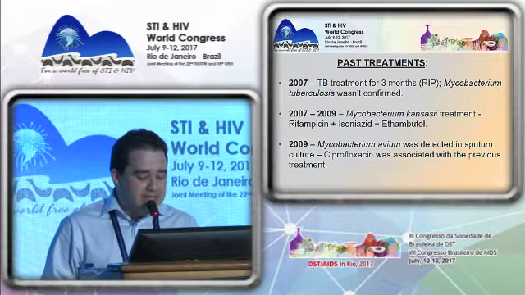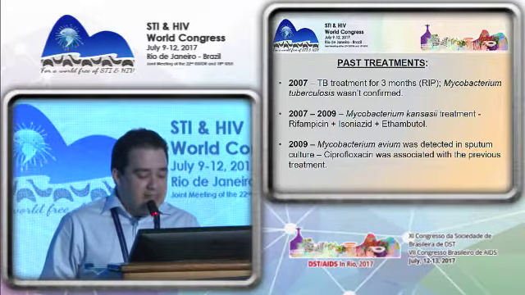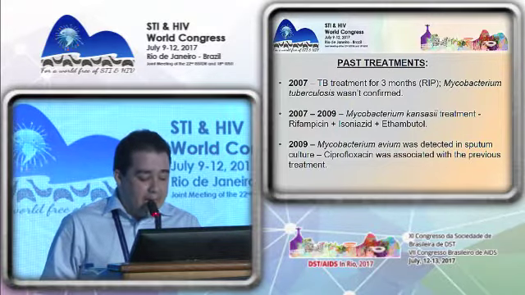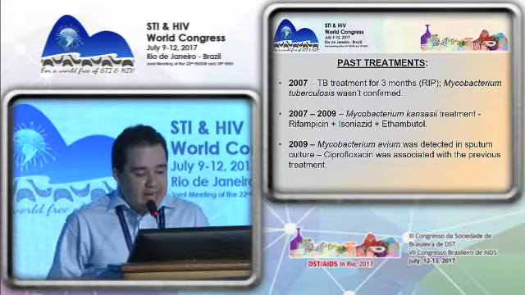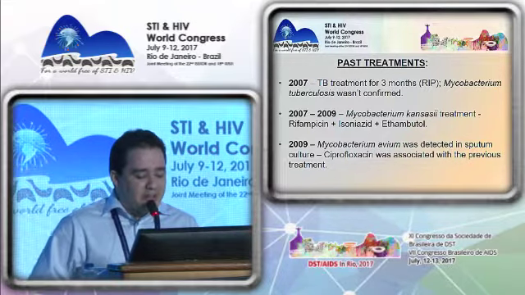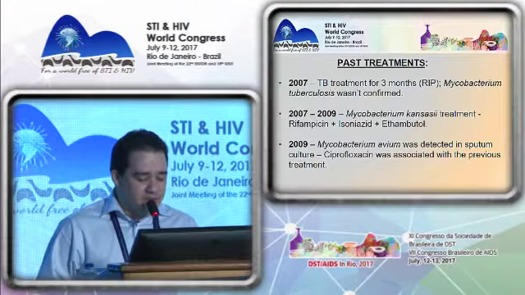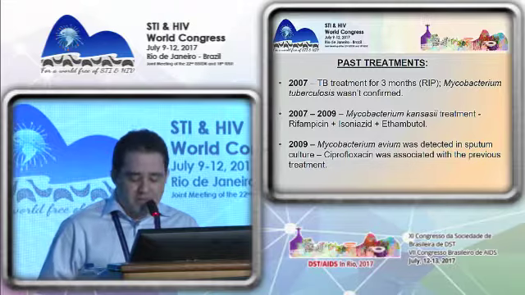From 2007 to 2009, Mycobacterium kansasii was detected in the sputum, and the patient was treated with rifampicin, isoniazid, and ethambutol. At the end of 2009, Mycobacterium avium was detected in sputum culture, and ciprofloxacin was associated to the treatment.